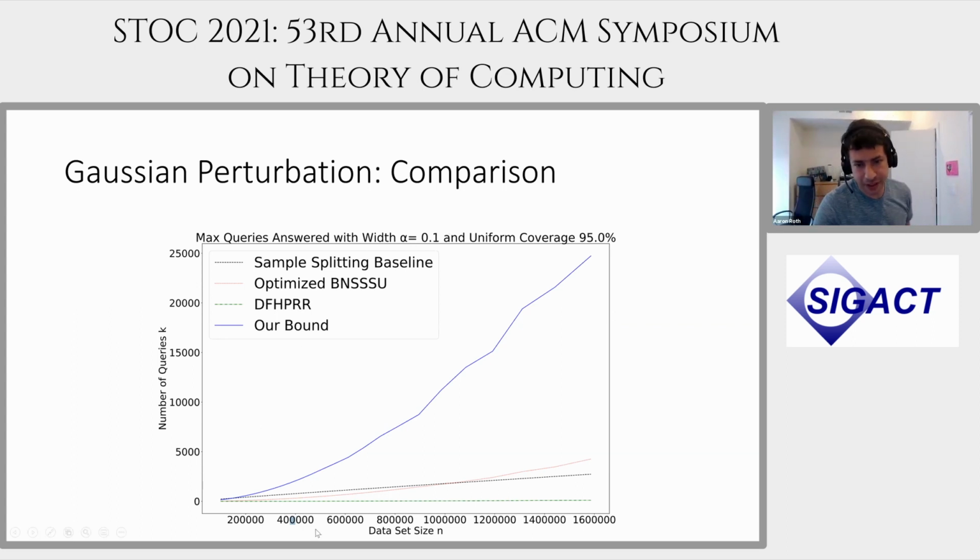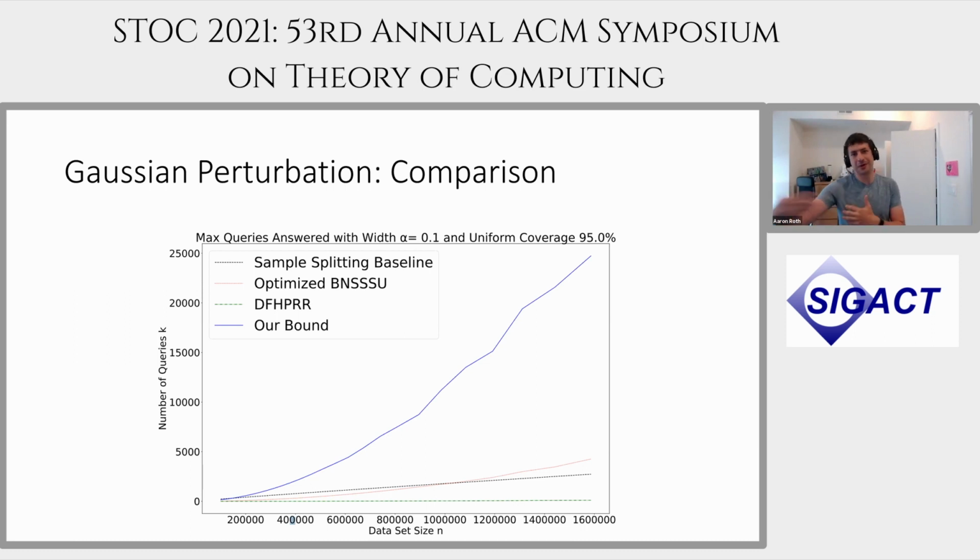The answer will be different for different data set sizes. On the x-axis here, we have growing data set sizes, and we can answer more queries the bigger our data set size is. On the y-axis, we have for each data set size how many of these queries we can actually answer before our theorems fail to promise this guarantee. There's a natural baseline to compare to, which is just sample splitting.